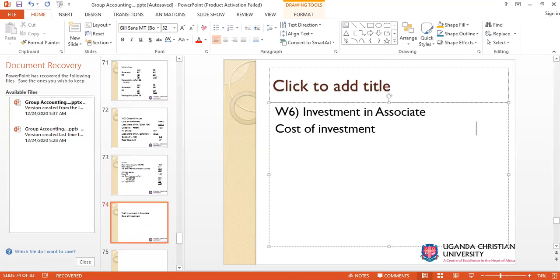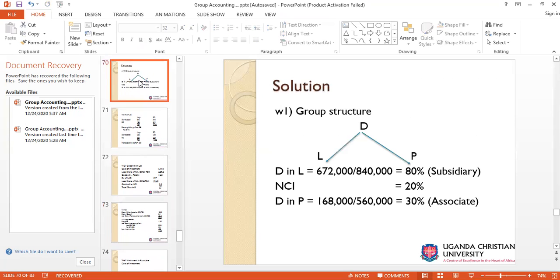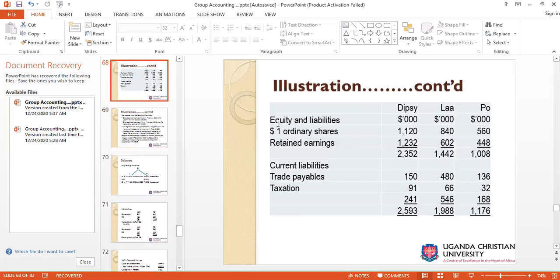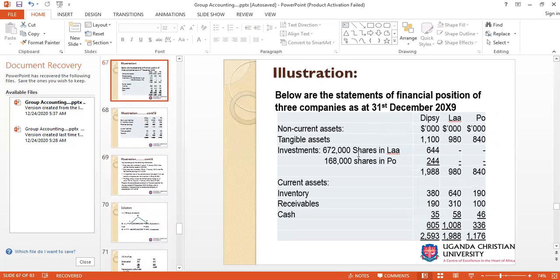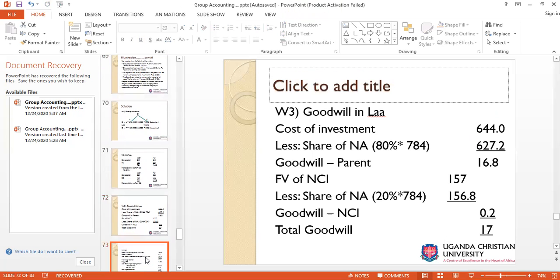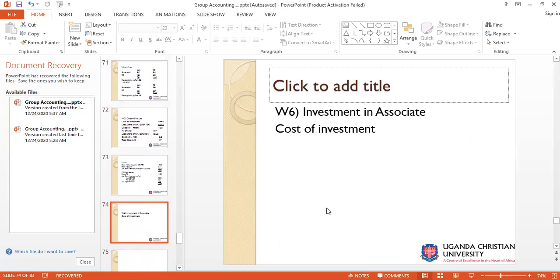Later on we adjust for its post-acquisition changes in net assets. It was acquired at how much? It is here, 244. So that is the investment in PO initially, 244.